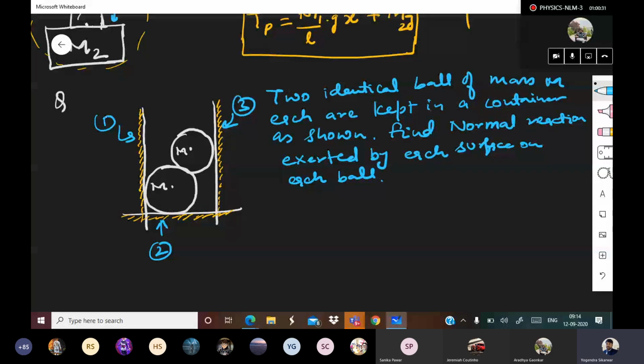You can name them as A, B. Okay, so basically you need to tell how much is normal reaction by wall 1 on A, how much is normal reaction by ground on ball A, and how much is normal reaction by wall 3 on ball B. Ignore friction, or friction is negligible. So that also means ignore friction.